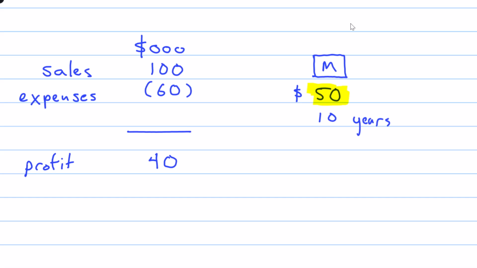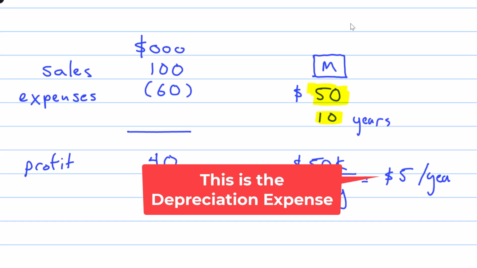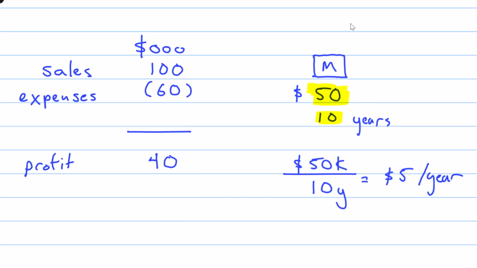So I will take the $50,000 and we will divide that by the useful life, and then we will have a $5,000 charge per year to record the depreciation of our machine in our P&L. So that is depreciation.